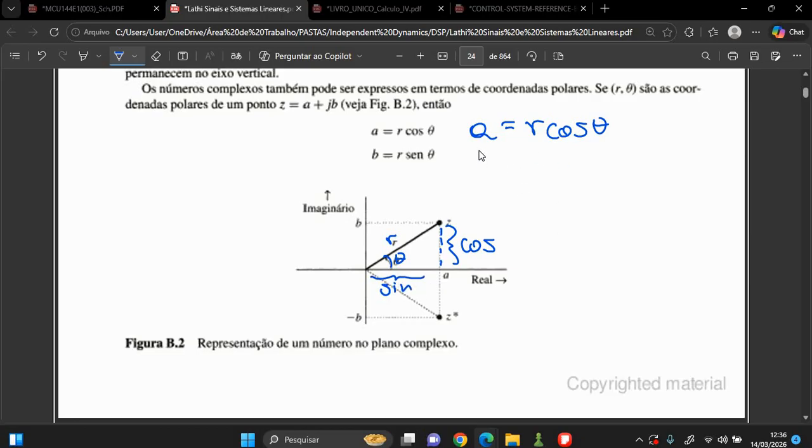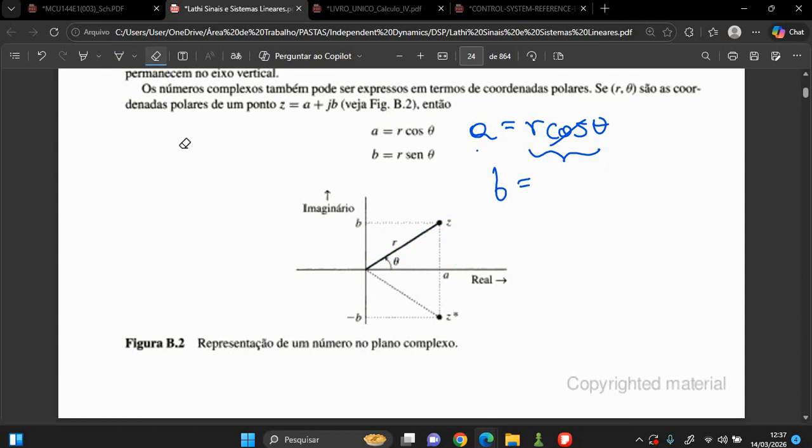And when we do the decomposition of this, which we can call a vector r in the Cartesian coordinate, we can decompose this vector on the axis, multiplying the angle theta by this vector, and it is the same for b, which is on the imaginary axis.